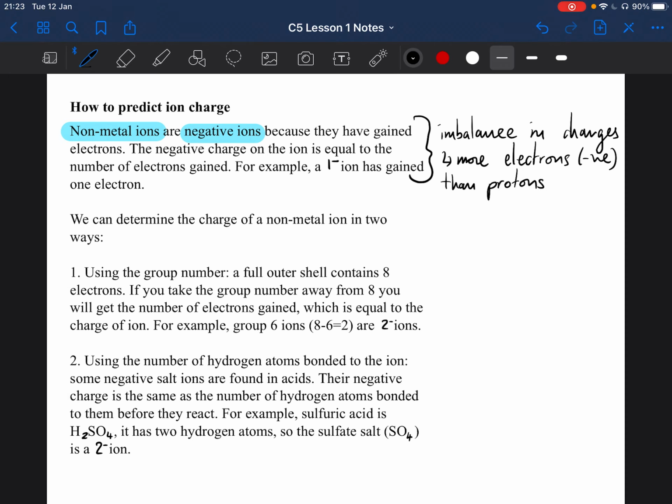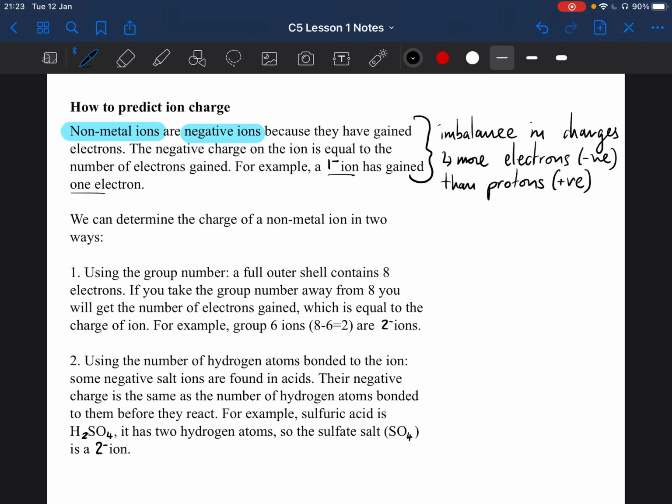They've gained extra electrons, and so now there are more negatives than there are positives. So a 1 negative ion would have gained 1 electron. If we have a 2 negative ion, it would have gained 2 electrons.